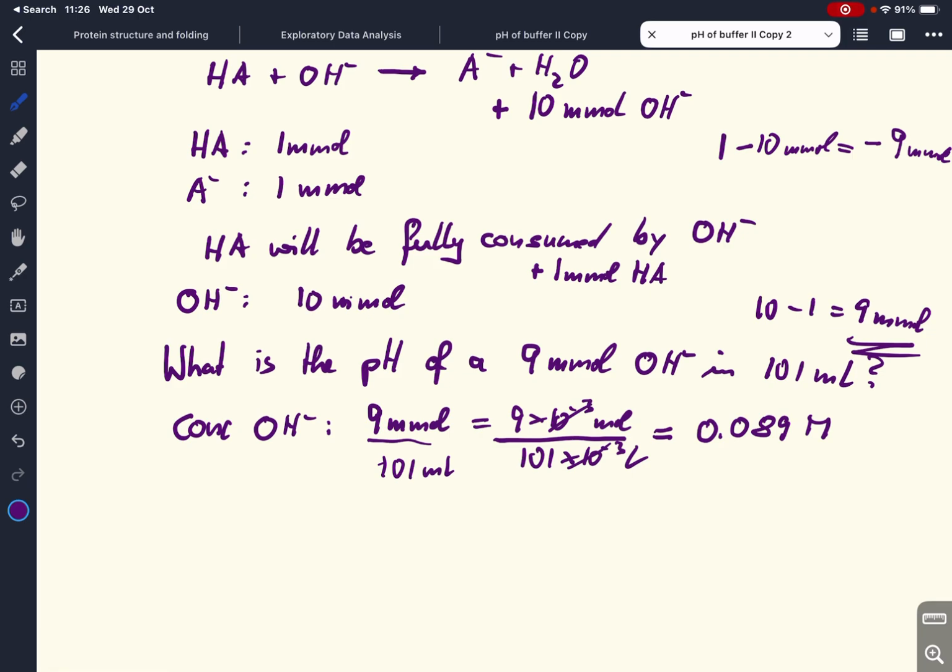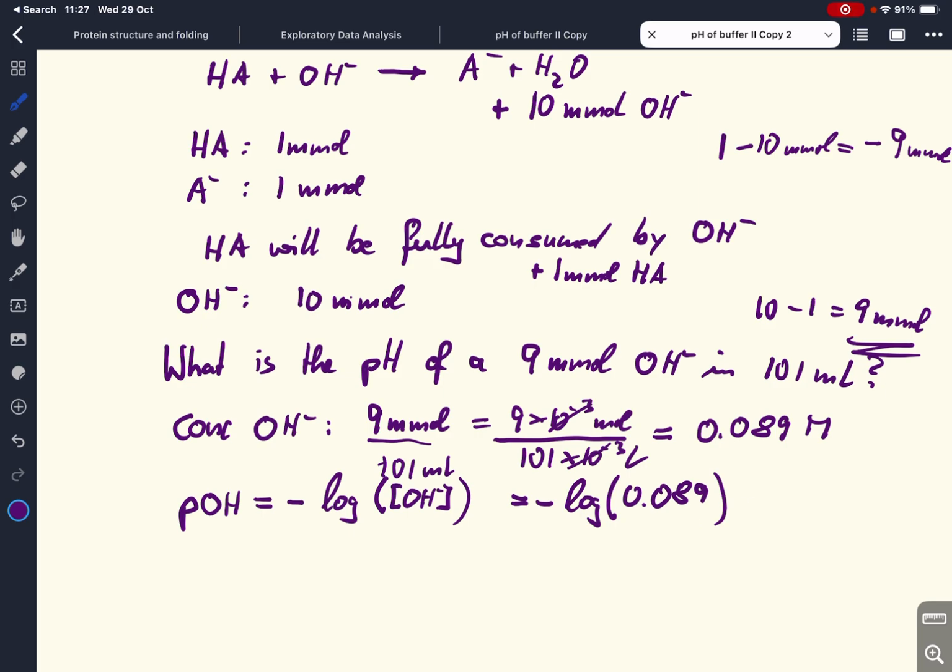Now we cannot directly calculate the pH, but we can calculate the pOH. So the pOH is given as the negative logarithm of the OH minus concentration, and that needs to be in molar, which we have. So we've got negative log of 0.089, and that gives us roughly a pOH of 1.